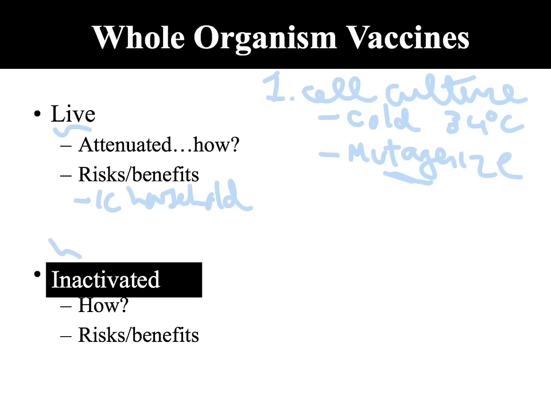They are attenuated. Most of the time that is not going to cause anyone any kind of problem. However, it is something that you have to remember if you have an immunocompromised person living in the household.